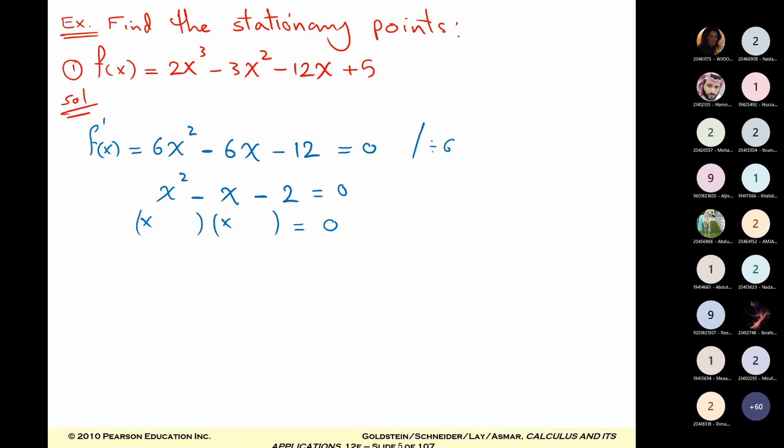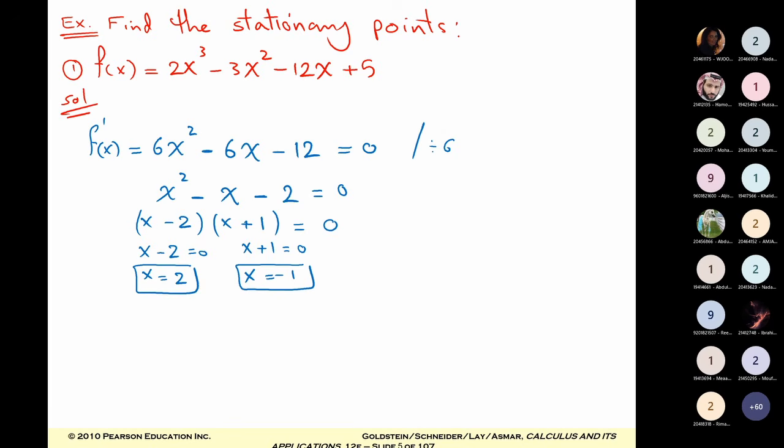For the factorization of this quadratic equation, we need two values whose product is negative 2 and whose sum is negative 1. So we have negative 2 and plus 1. Now we have x minus 2 equals 0 and x plus 1 equals 0. So we have x equal 2, this is the first stationary point, and x equal negative 1, this is the second stationary point. This is called the stationary value.